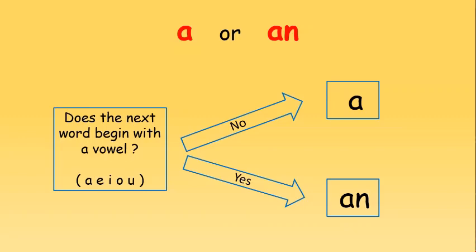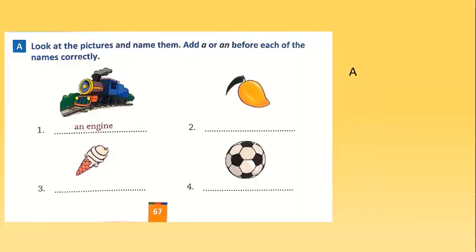Now that we have revised the topic, let's move on to some exercises in your grammar book. I hope you all are ready with your grammar books and a pencil. You can start writing as we discuss. So first, open your books to page number 67.